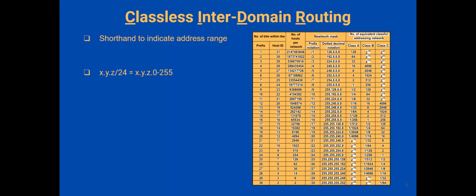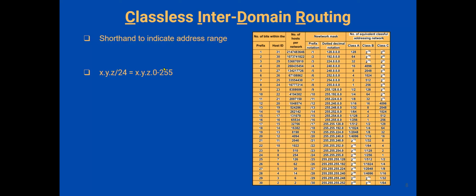And the way it works, if you had an IP address of x.y.z, notice there's only 3 of these octal expressions, 3 octets, and said that was /24.